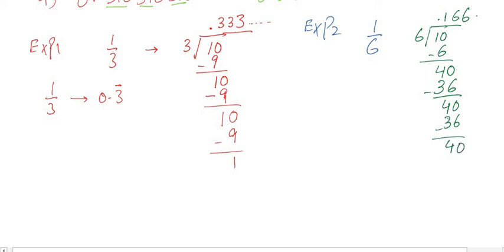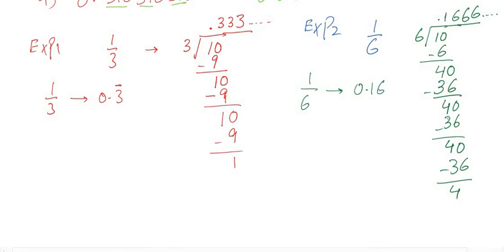So if you observe, every time the remainder is 4, and the number we multiply is 6. So 6 is repeating every time, till infinite. So 1 out of 6 is the fraction which gives you the recurring number 0.16, and 6 is repeating, so that's why you put the bar on 6. So this is your answer. Hope you understand how you can make recurring decimals.